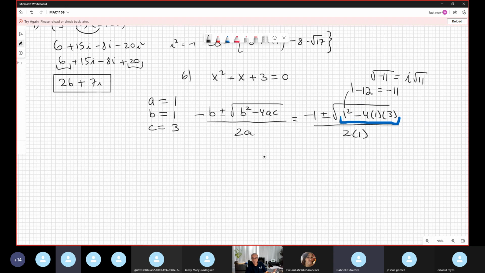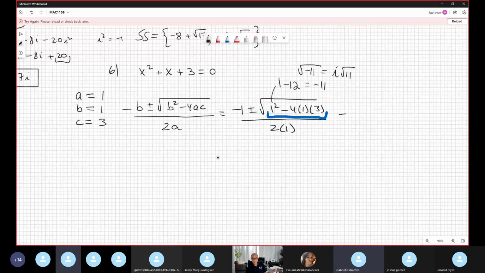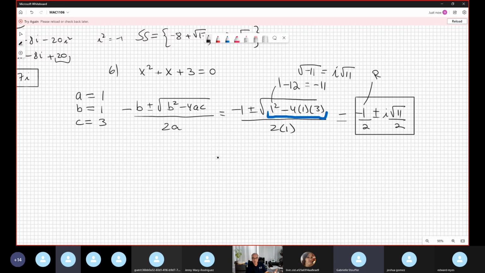i square root 11. So far we have negative 1 plus or minus i radical 11, divided by 2. And I split this. This is the typical format of a complex number, no? You have the real part, this is the real part, and this is the imaginary part.